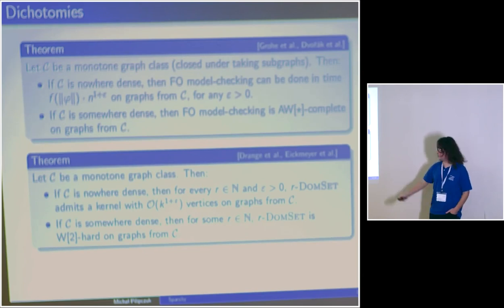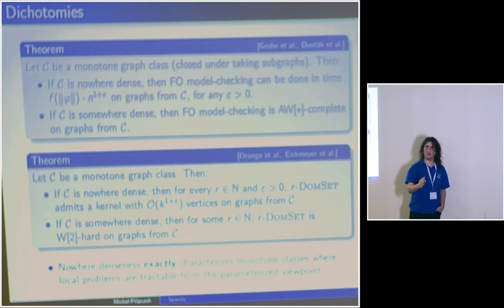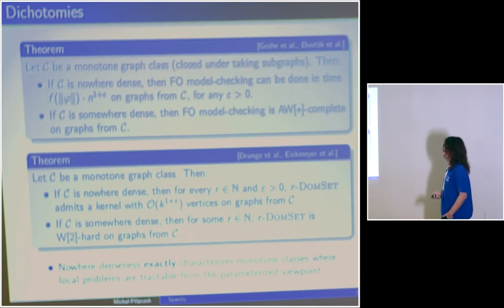However, if you are somewhere dense, then for some fixed radius r, you are already as hard as on general graphs. So these two theorems show that for local problems, nowhere denseness is exactly the border of tractability. And this sort of supports this intuition.